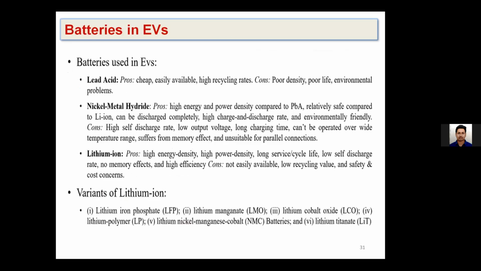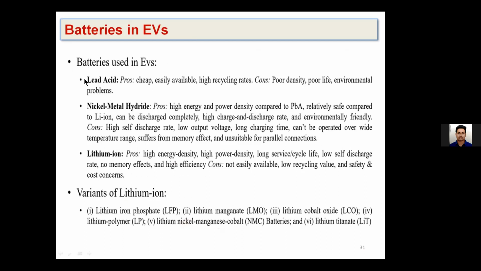Coming to the batteries, the first basic variant is the lead acid battery, which was used in previous days. Coming to the advantages, it's cheap, easily available, and has high recycling rates. But the problem is you have poor density, poor life, and environmental issues due to the lead.